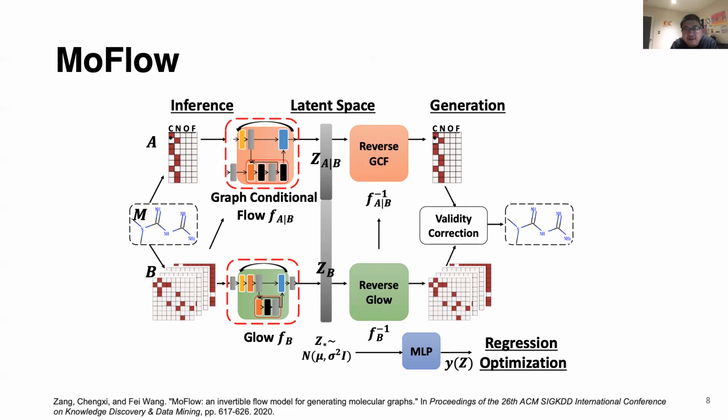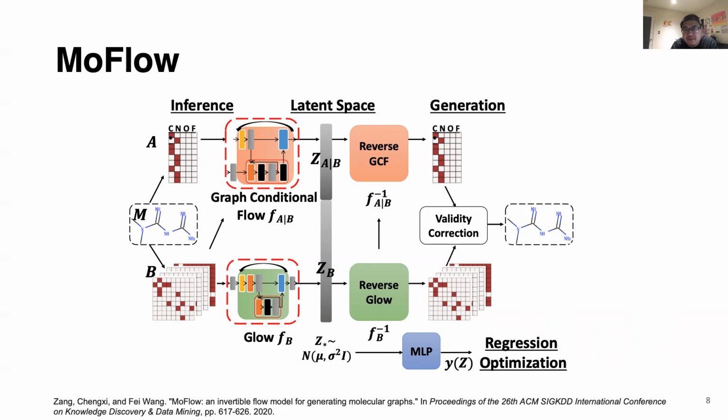And in the inference process, the graph conditional flow F_A conditioned on B transforms A given B into conditional latent vector Z_A given B, and the Glow F_B for bonds transforms B into latent vector Z_B. We assume the latent space follows a spherical Gaussian distribution.